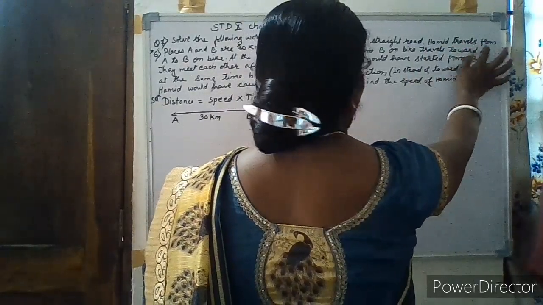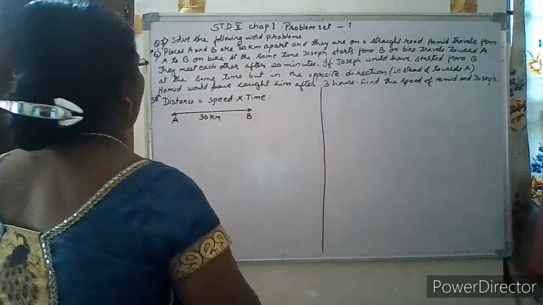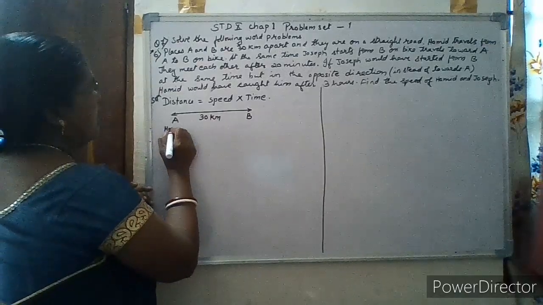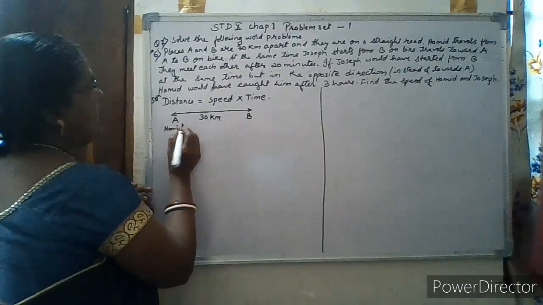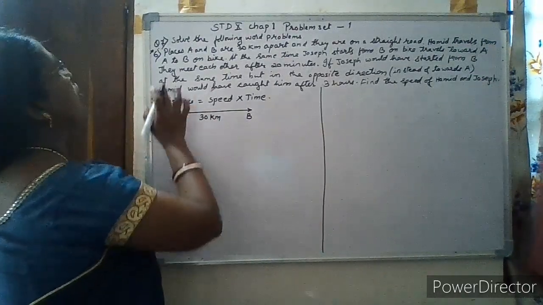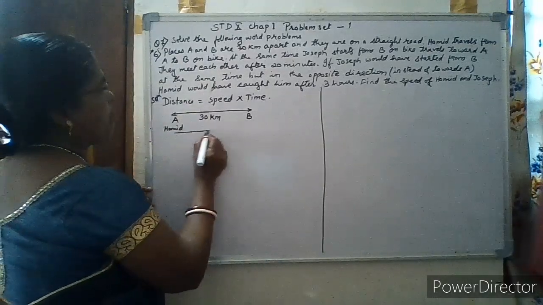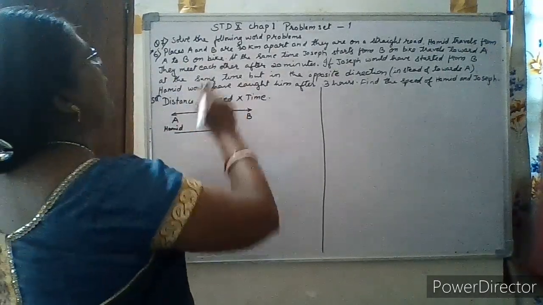Hamid travels from A to B. Now Hamid started from A to B. Travels from A to B on bike. He goes on bike.